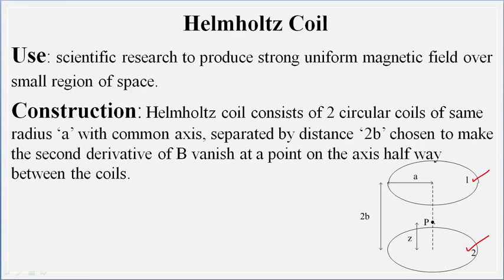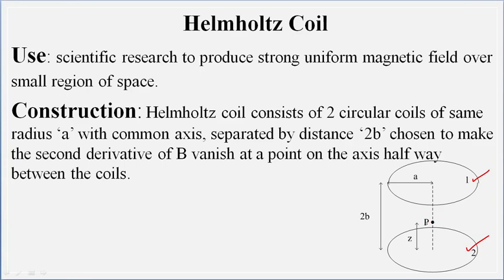So magnetic field in the same direction means magnetic field will get added up. So that is the reason the current should flow in the same sense. So magnetic field due to both these coils should get added up. You can apply your right hand thumb rule and see. So if this is clockwise, this is clockwise, then the field will be in upward direction for both. So the resultant magnetic field will get added up.